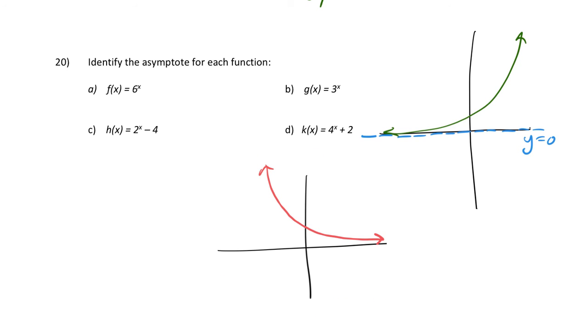This exponential function, if you notice, kind of levels out into a horizontal right here. Again, this asymptote would be at y equals 0. The default is y equals 0. The only time that changes is if our function shifts up and down at all. So that might be the best way to identify the asymptote, is to figure out if you have any vertical shifting.